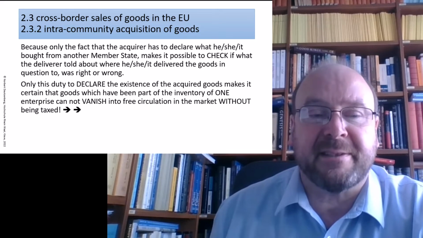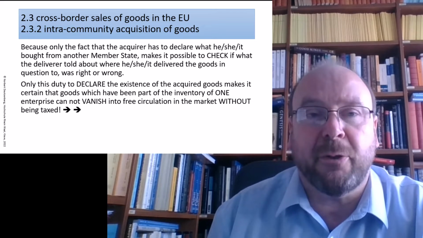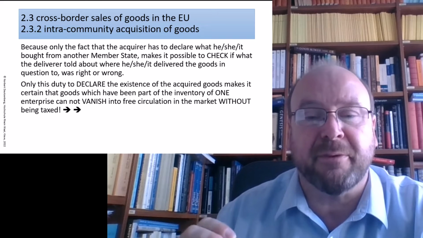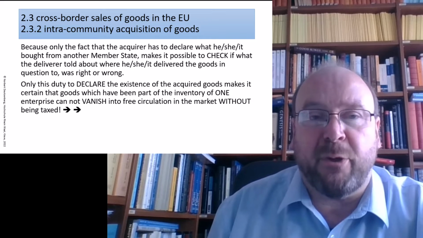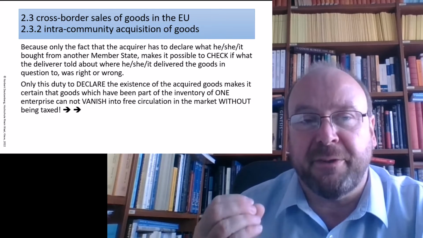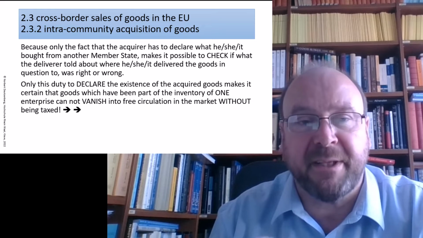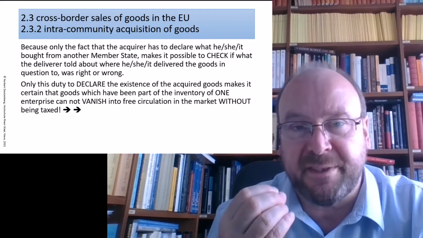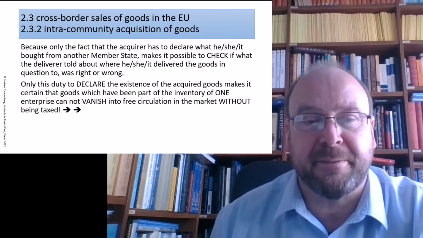And that's vital, because only this duty to declare the existence of the goods which you bought from somebody else, let's say in France, only that can hinder the goods from vanishing into nowhere and going into the single market or internal market of the EU without ever having been taxed.